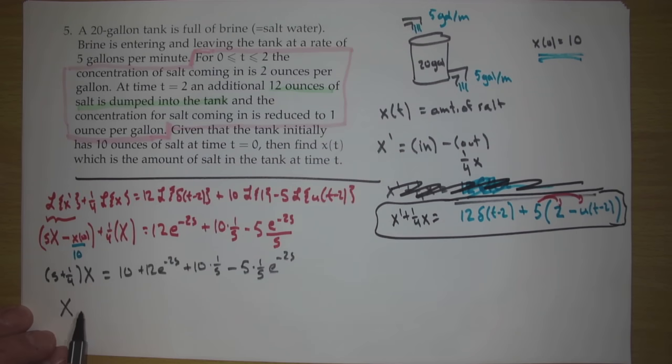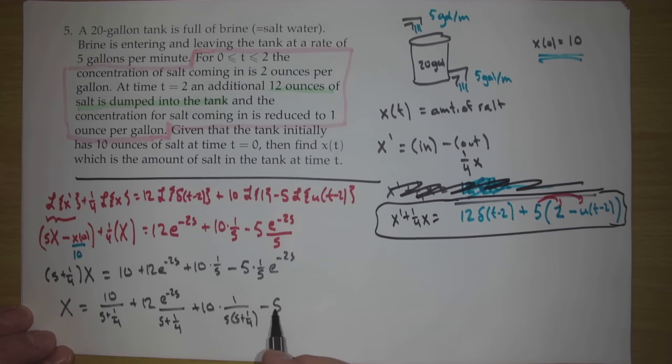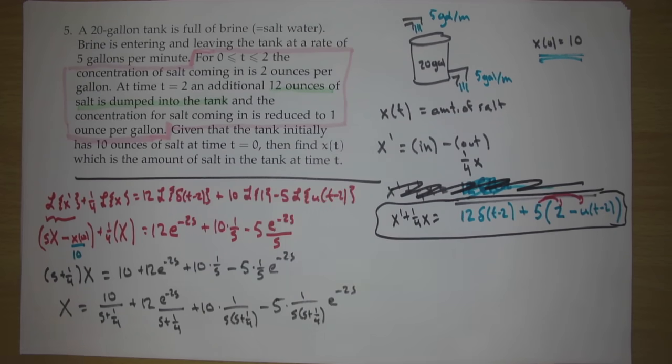Or capital X is 10 over (s + 1/4) plus 12 e to the minus 2s over (s + 1/4) plus 10 times 1 over s(s + 1/4) minus 5 times 1 over s(s + 1/4) e to the minus 2s. Yes? Okay.